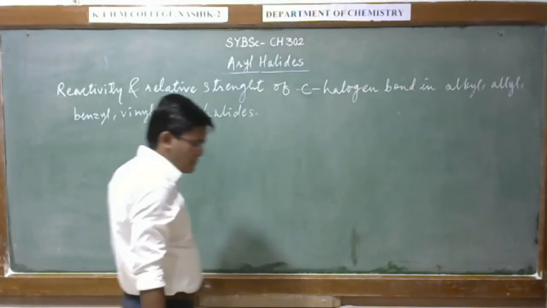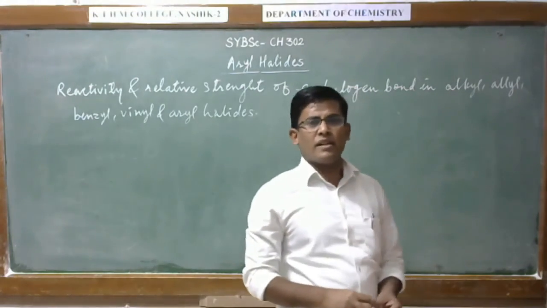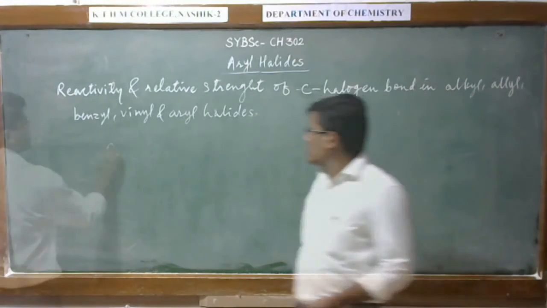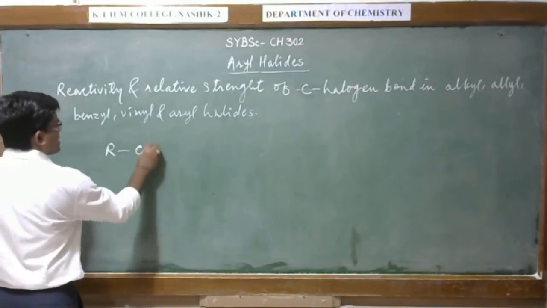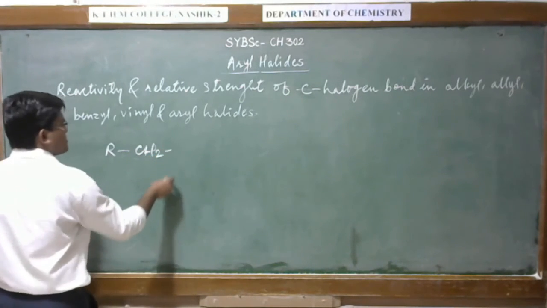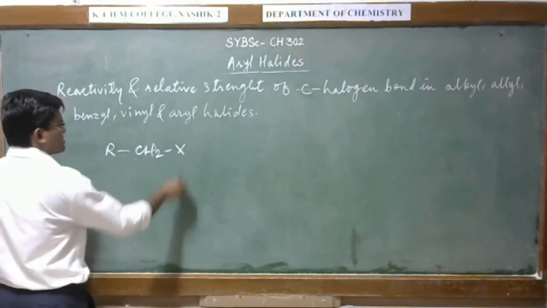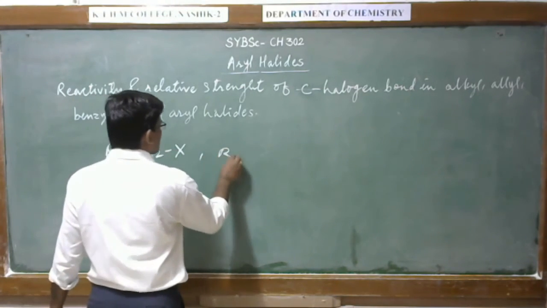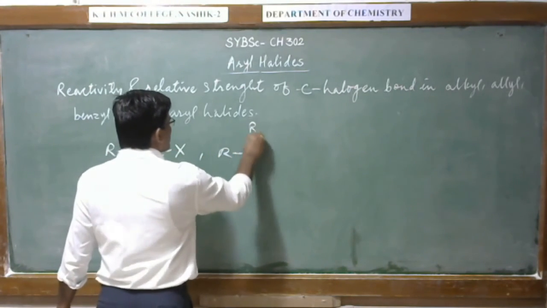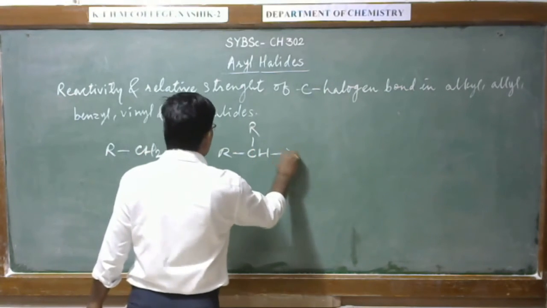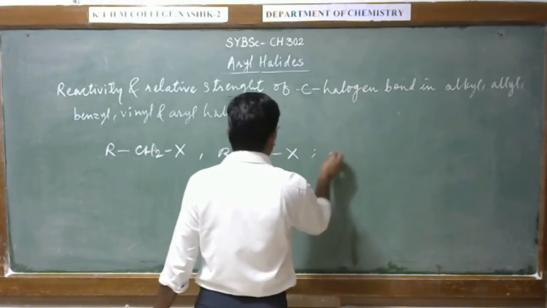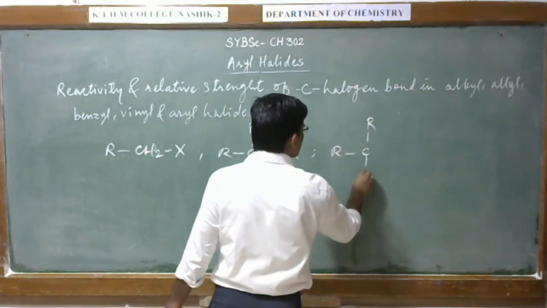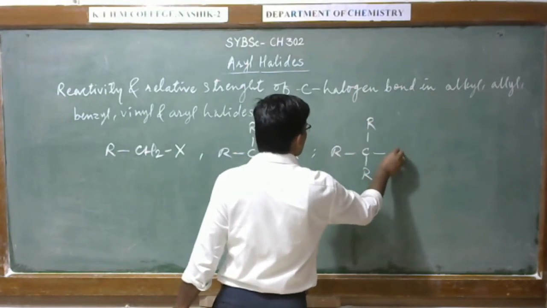Alright. So these organic halides contain this C-halogen bond. For example, alkyl halides, for example, these primary alkyl halides. Okay. Then there are these secondary alkyl halides and this tertiary alkyl halide. Okay.